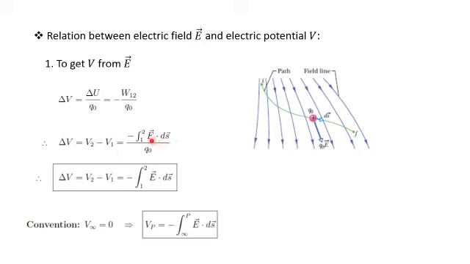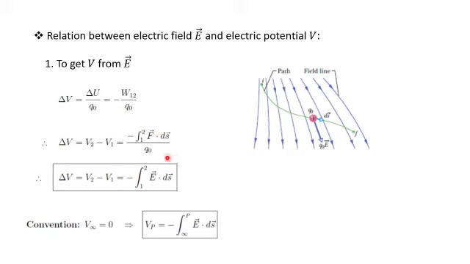Here F is the electrostatic force, equal to Q naught times E. Inserting Q naught times E for F, Q naught cancels and we are left with E dot ds. So this is the potential difference between the two points I and F in an electric field.